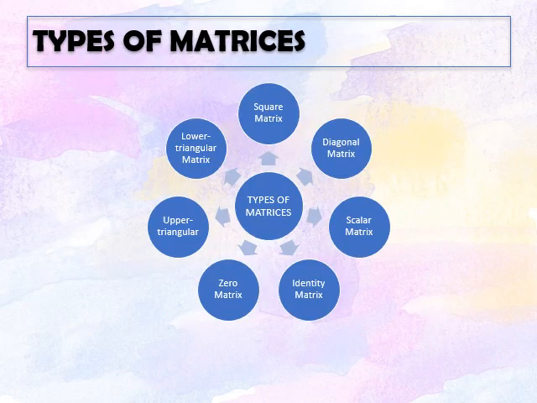These are some types of matrices that you need to know. The first one is the square matrix. A square matrix is where the number of rows equals the number of columns. So you have a matrix A with order m by n, where m equals n.